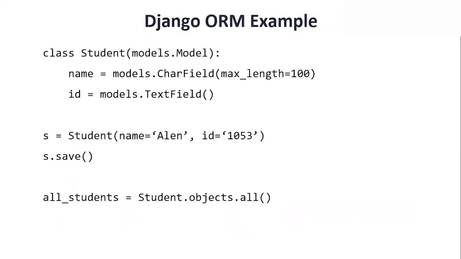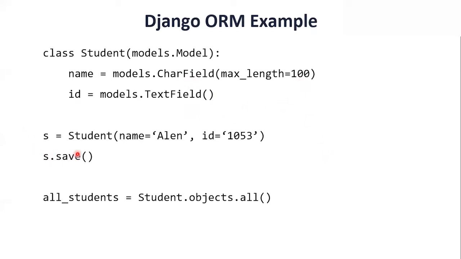Let's see a simple example in Django ORM, which is for Python. When we define a class, let's say Student, in Python, we can specify that this Student class is actually in the database, and the attribute name is a char field where the maximum length is 100, and we have an ID attribute, which is a text field in the database, and so on.